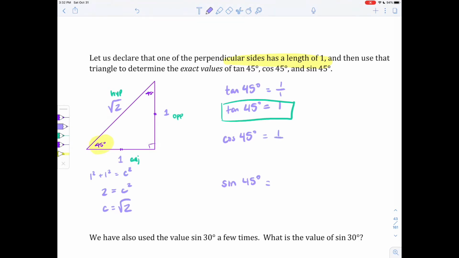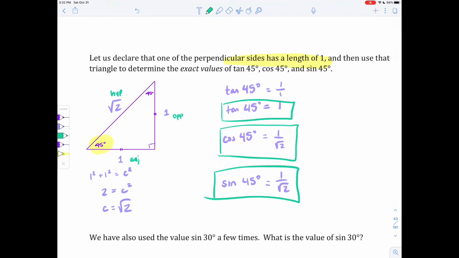My adjacent is 1, my hypotenuse is root 2. And there you have it, folks. Cosine of 45 degrees is 1 over root 2. And last but not least, sine of 45 is my opposite over my hypotenuse. My opposite is 1, my hypotenuse is root 2, and look what we have here, 1 over root 2. So we can figure out the exact values of all of our trig ratios for the angle of 45 degrees.